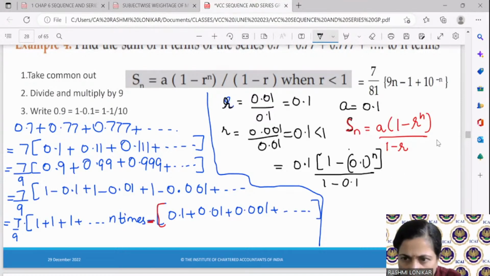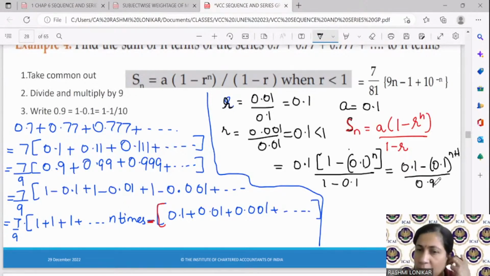And this is equal to how much? If I take this 0.1 inside the bracket, this is equal to 0.1 minus 0.1 raised to n plus 1 upon 1 minus 0.1, which is 0.9. Okay.